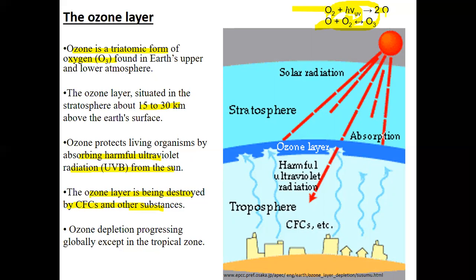Then atomic oxygen combines with unbroken oxygen to create an ozone molecule. The ozone molecule is unstable in the stratosphere. It is long lived. Then when ultraviolet rays hit the ozone, it splits into a molecule of oxygen and an oxygen atom.